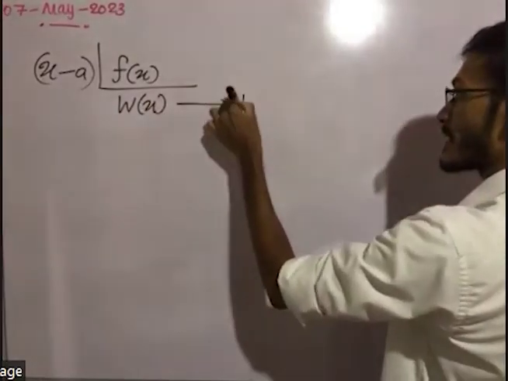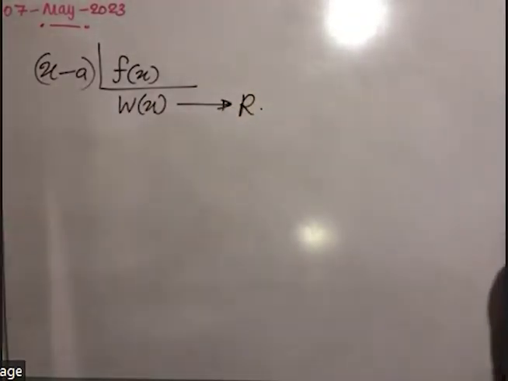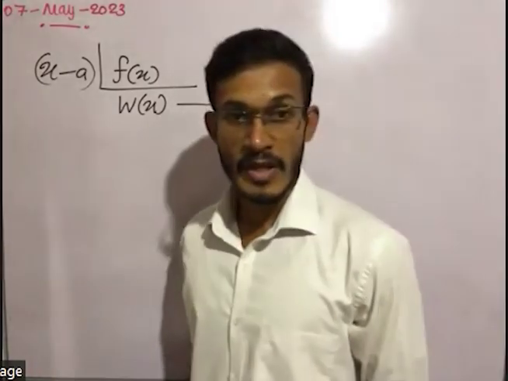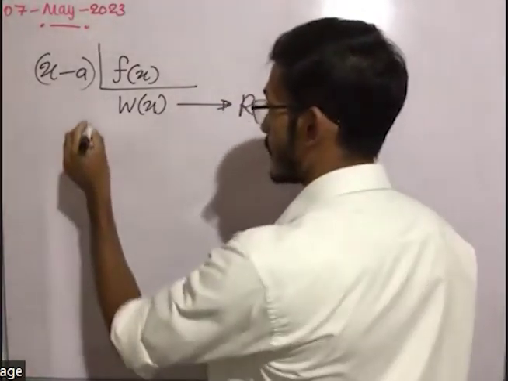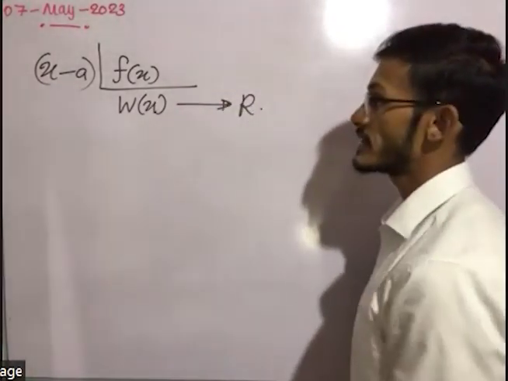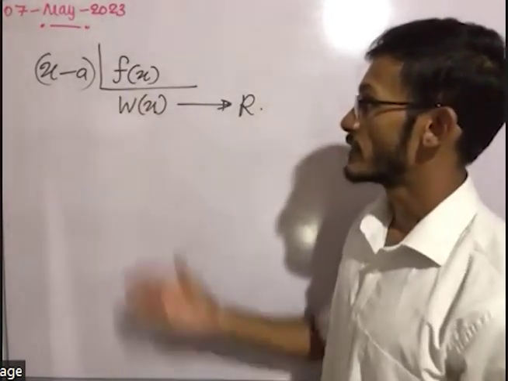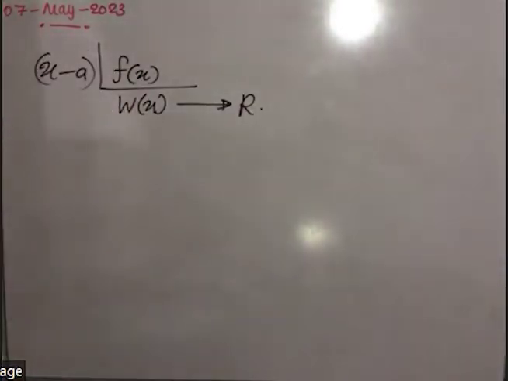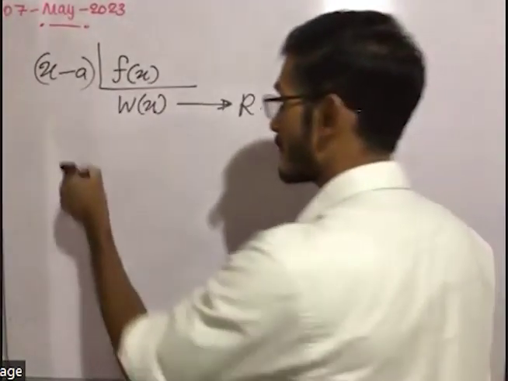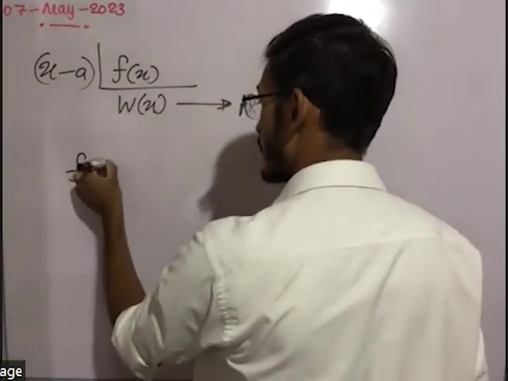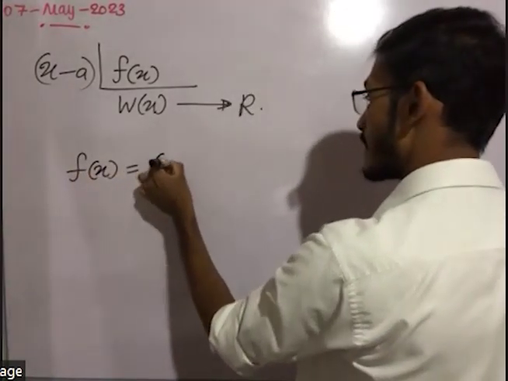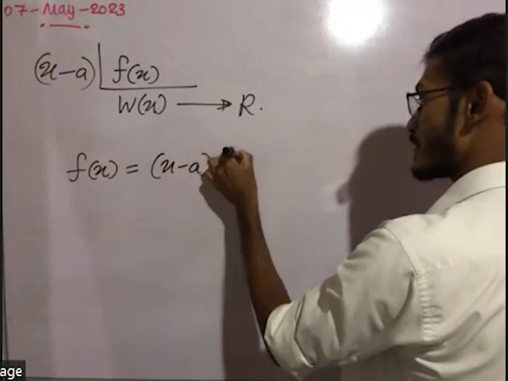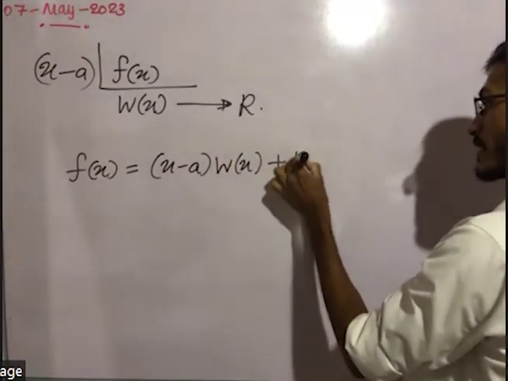Then I will take the remainder as r. Now, if you write down the identity using this division, we can write down f(x) equal to (x minus a) into w(x) plus r.